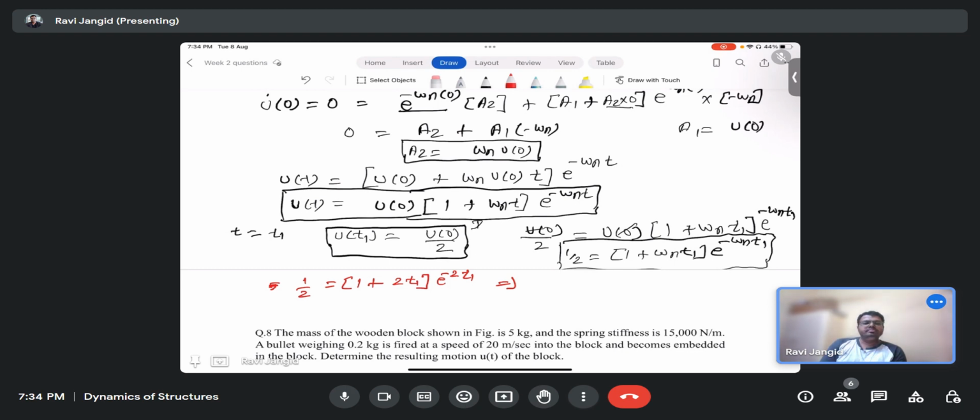Anyone? One way is this, another way is you can make a plot also, then you can find out the answer.